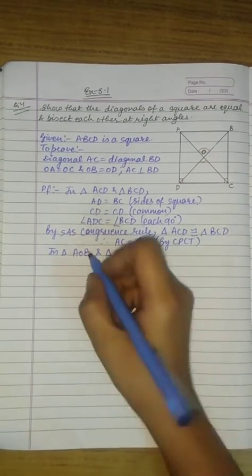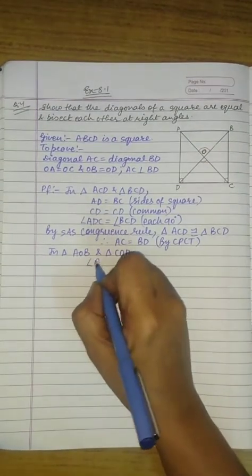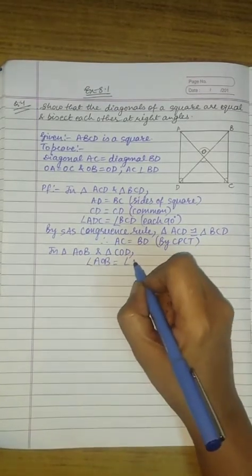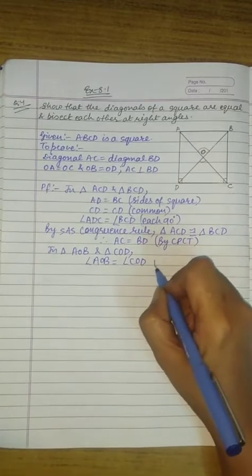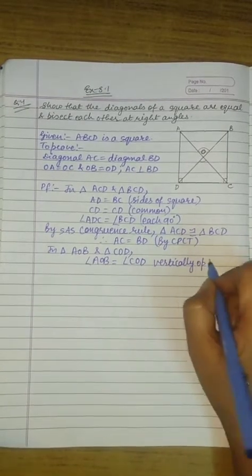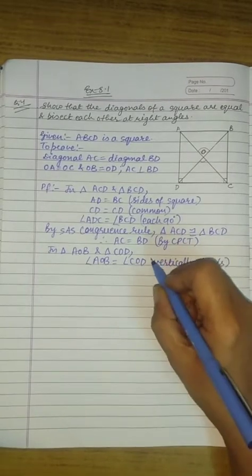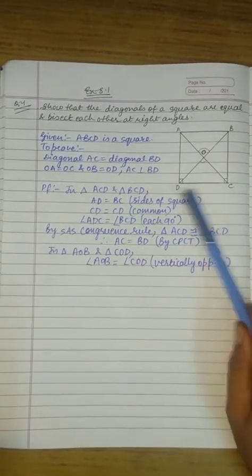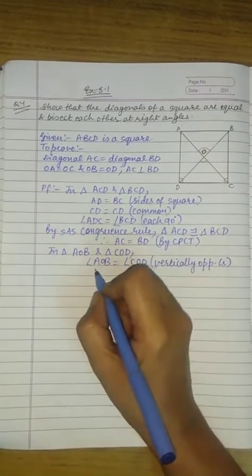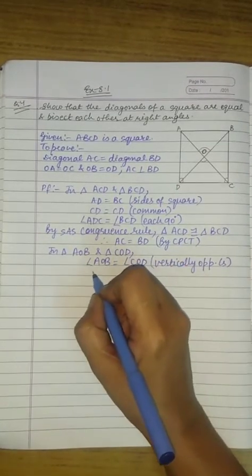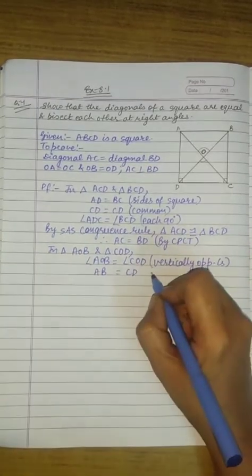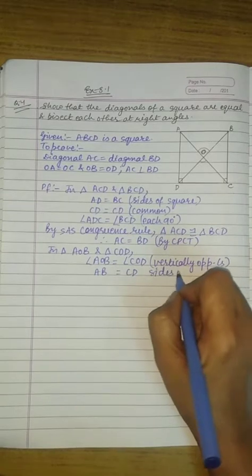So we will write angle AOB is equal to angle COD, vertically opposite angles, and CD is equal to AB, opposite sides of square. All the sides of square are equal, so we will write AB is equal to CD, sides of square.